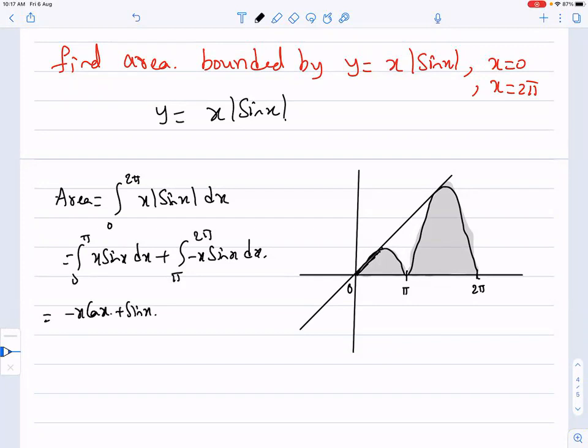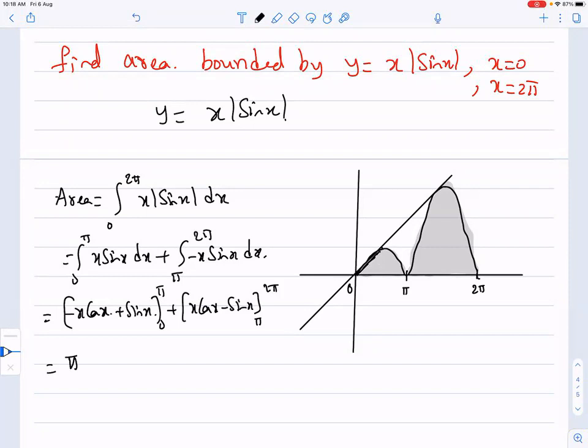The integral of sin x is minus cos x, and minus of minus gives plus the integral of cos x, that is sin x. Correct, students? From 0 to pi, and the negative version, x cos x minus sin x, from pi to 2 pi. Substitute. First pi: pi into cos pi is minus 1, and sin is 0 for both of them.